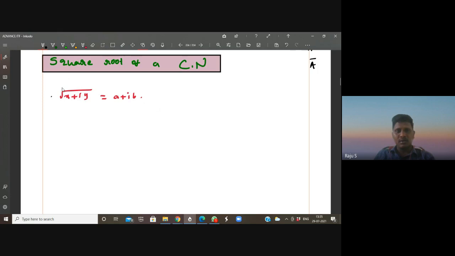If you square on both sides, x plus iota y equals a square minus b square plus 2 iota ab. Not like that. I want to represent the square root of x plus iota y in terms of x and y alone.